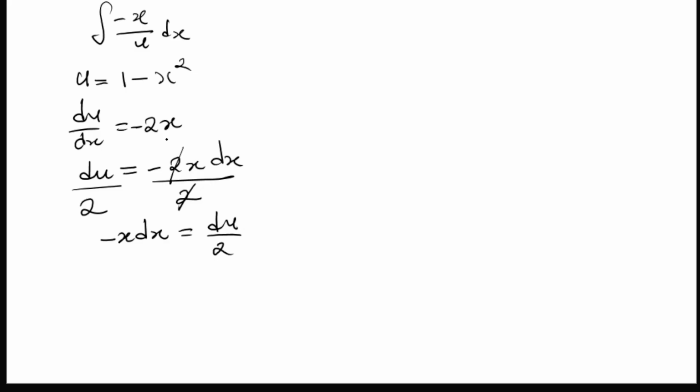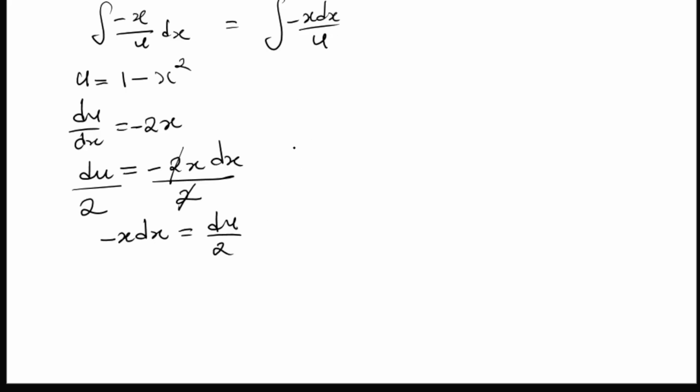Now look at what you have here. You can represent this as the integral of minus x dx divided by u. Apply this concept here: you already know what minus x dx is. Minus x dx is simply du divided by 2.